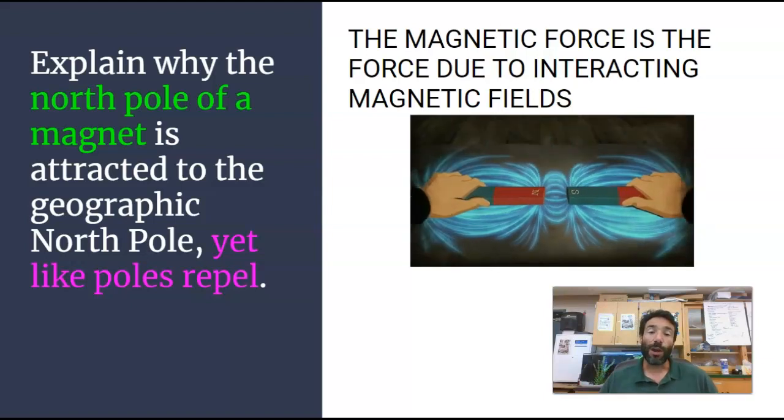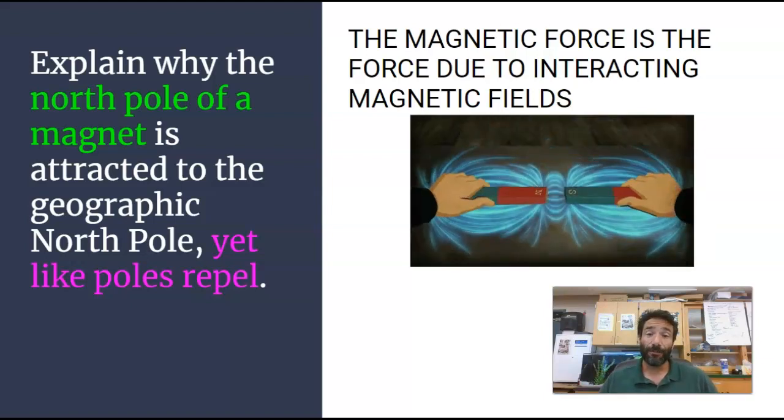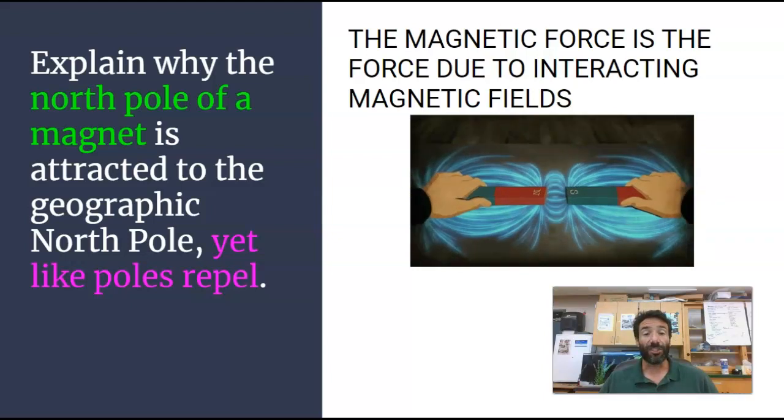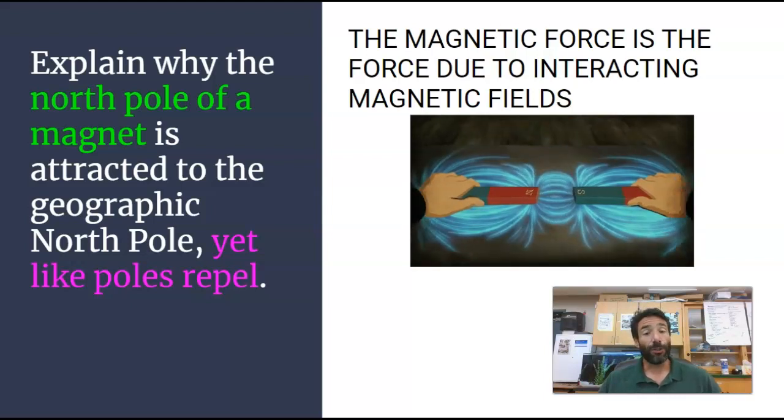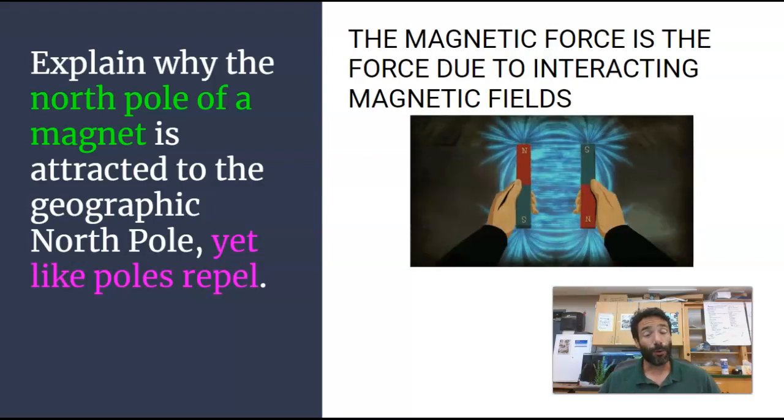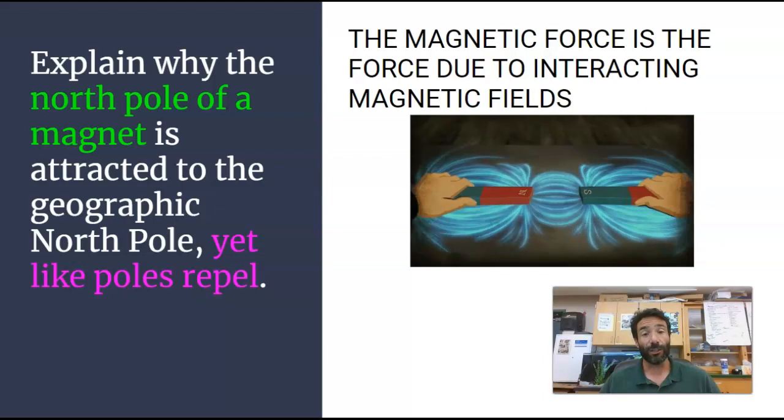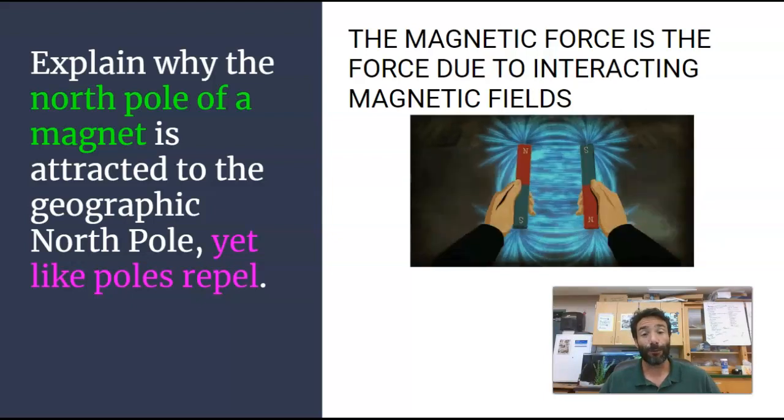Notice that where the lines are closest together is where the forces are strongest. And in magnets, that is going to happen at the poles. So the closer you are to the pole, the stronger the magnetic force. When you're further away from the poles, then that force is going to be weaker, and we'll see that the field lines are further away from each other.